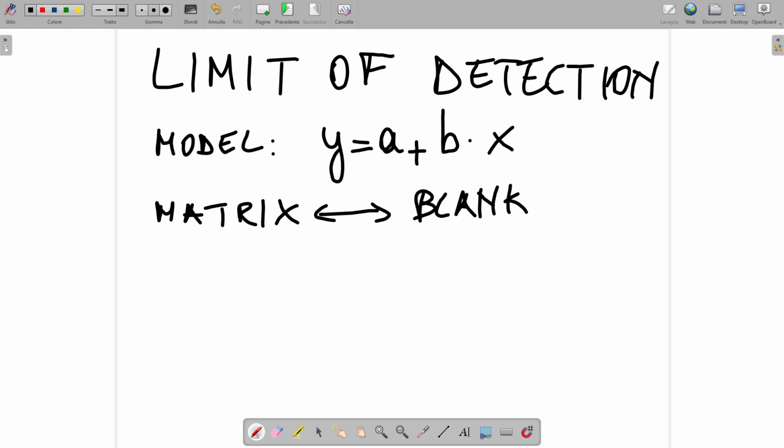Okay, the definition of limit of detection: the limit of detection is the minimum signal that is significantly different with respect to the signal of the blank.